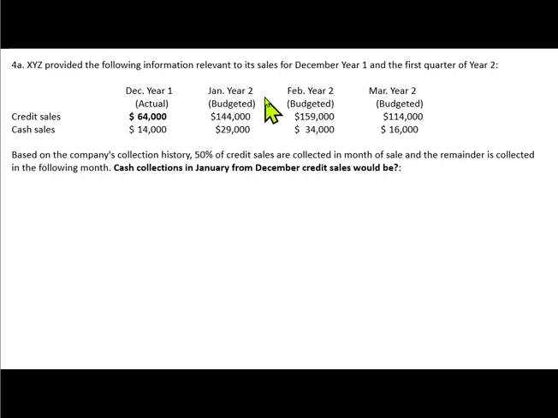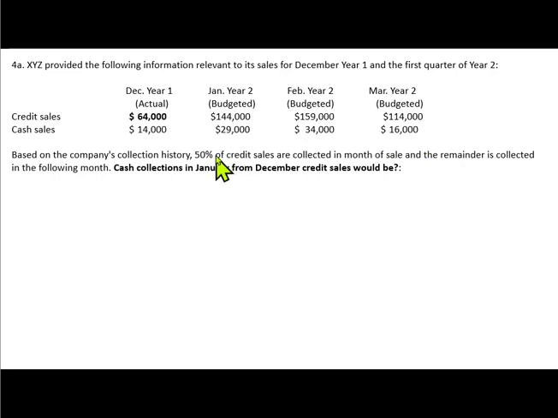Year 2, in January, budgeted sales are going to be credit sales 144 and 29,000 for cash sales. Year 2, February, budgeted sales 159 and 34,000 for the cash sales. And March, year 2, budgeted sales 114 credit sales, 16,000 cash sales.